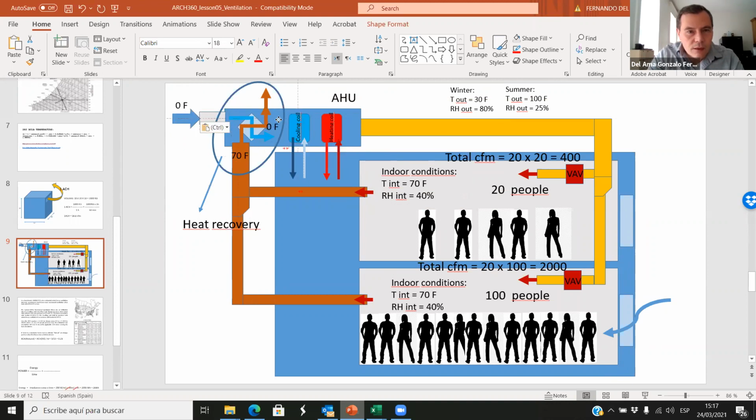So the temperature here can be, let's say, 35 Fahrenheit. And then we need a heating coil. So we need to warm up this air from 35 to 70.